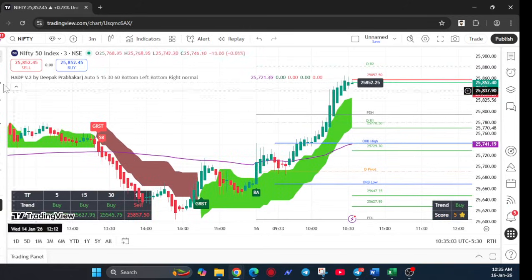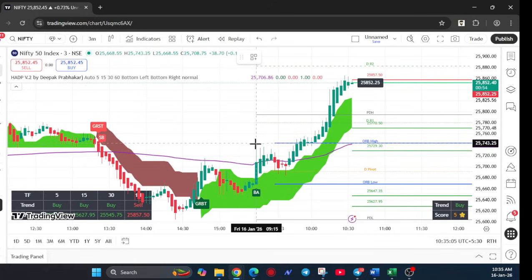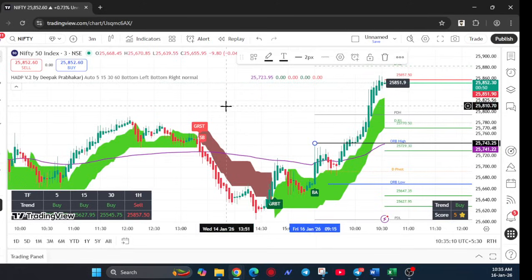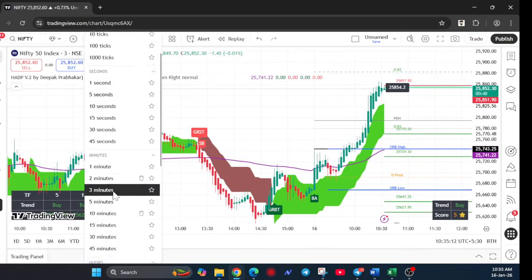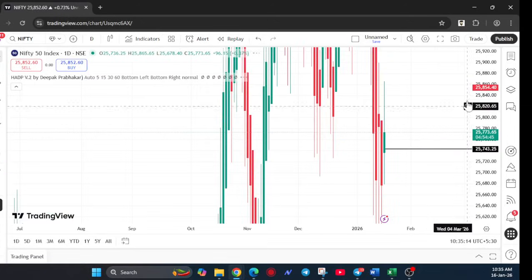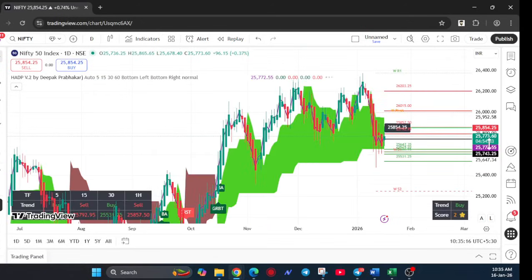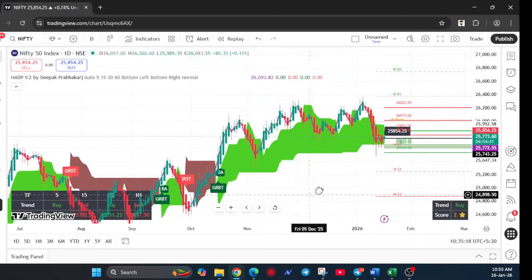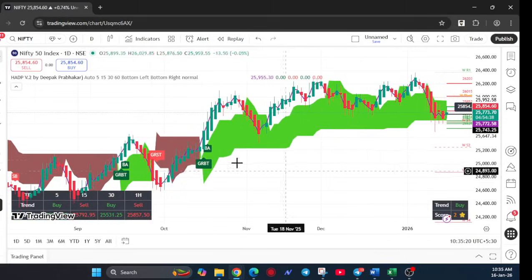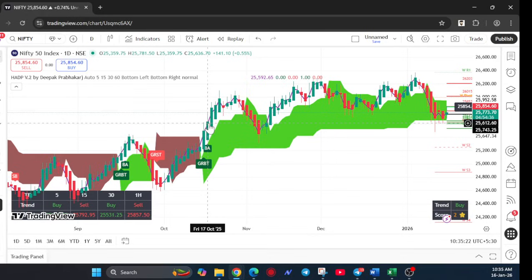See, buy here on a 3 minutes at 23,753 as its century. On the daily chart, see what it is doing. There is no sell trigger at all. 25,781, it went till 26,373.